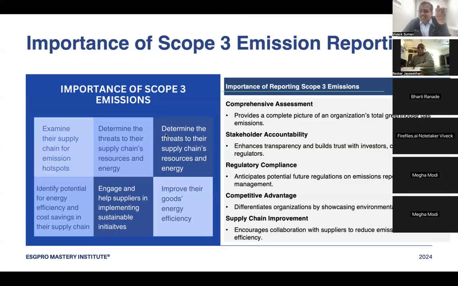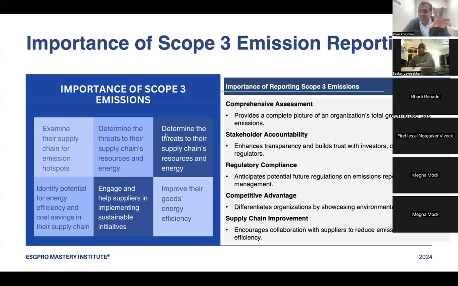Why? Because 80% of the emission happens with 20% of your activity. So there will be only 20% of the points which are emitting excessively, and you need to be conscious about it. If you address those, put them into your mitigation plan, automatically you will be able to control your emission. Are you with me? So that's importance number one.